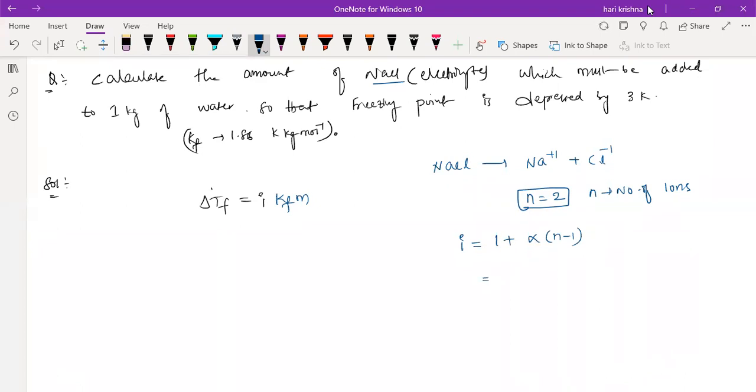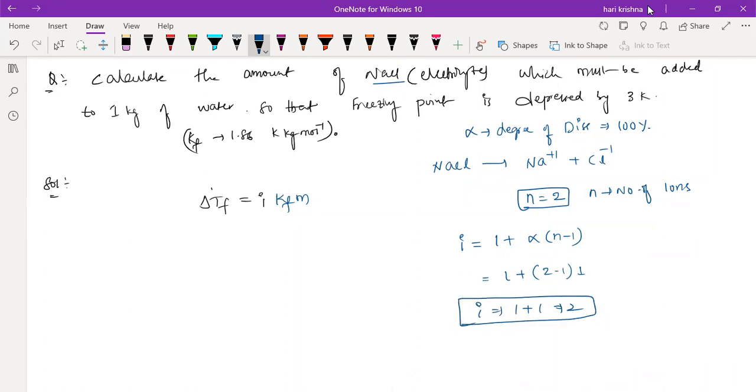Whenever they don't mention alpha, the degree of dissociation, you have to take it as 100%. So 1 plus alpha is only 1. n is 2, 2 minus 1 into 1. That means 1 plus 1 is equal to 2, right? That means the i value is equal to the n value.